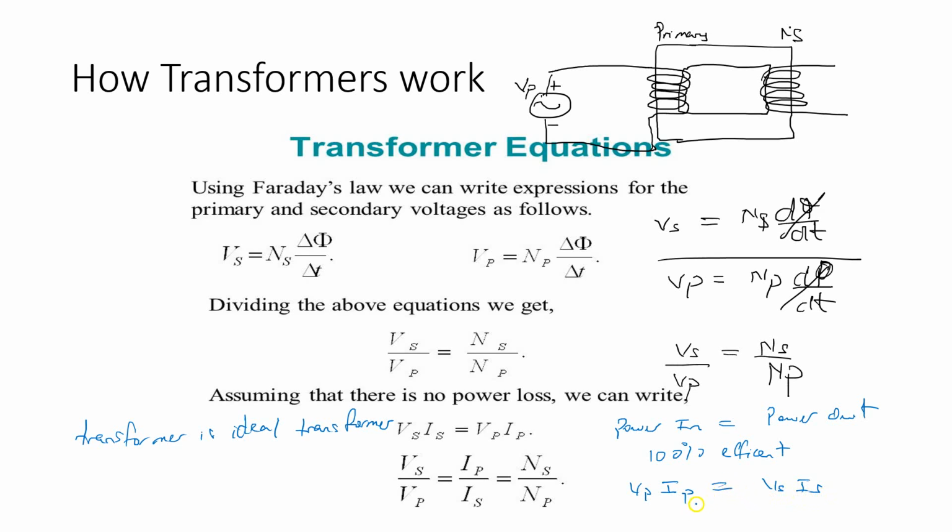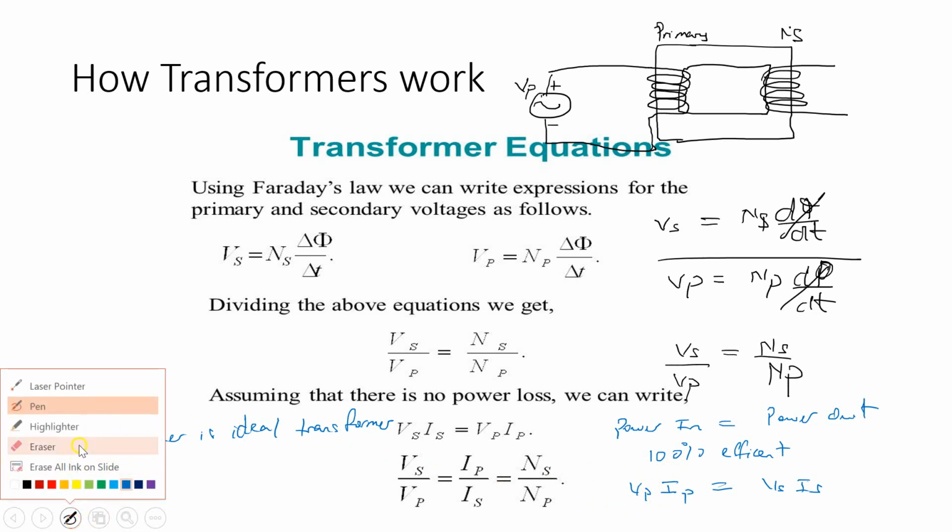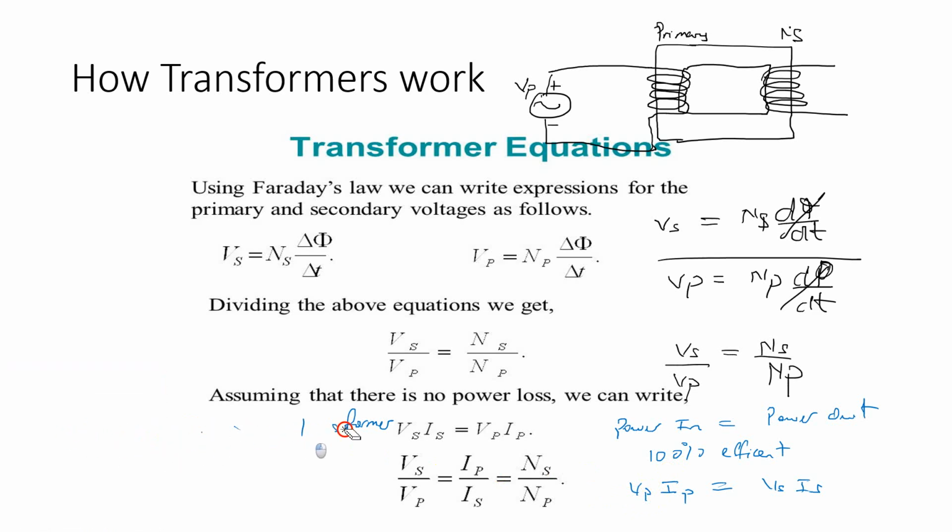So let's rearrange this. By rearranging this, we could write another equation. If we want to bring the I's by themselves and the V's by themselves, then you would see that VP divided by VS is equal to IS divided by IP.